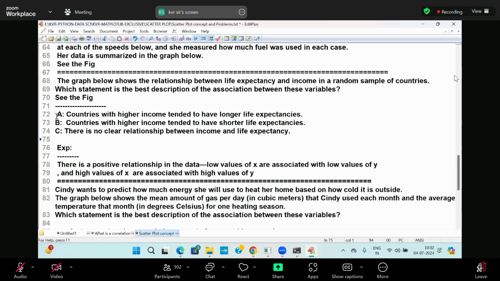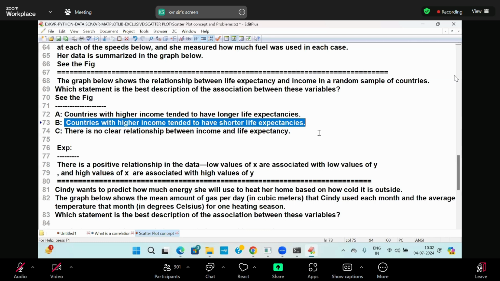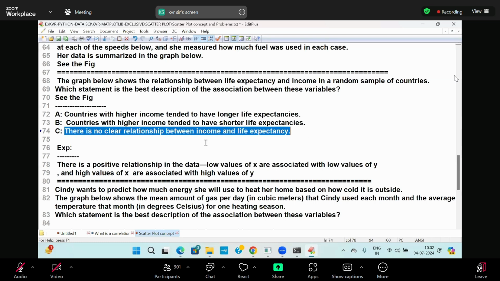A, B, or C? A. So countries with higher income tended to have longer life expectancies in one way. And this C is not going to be in the manner.